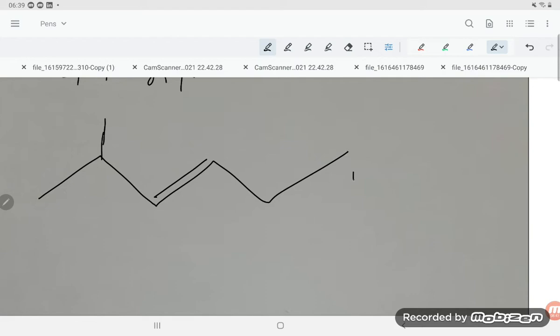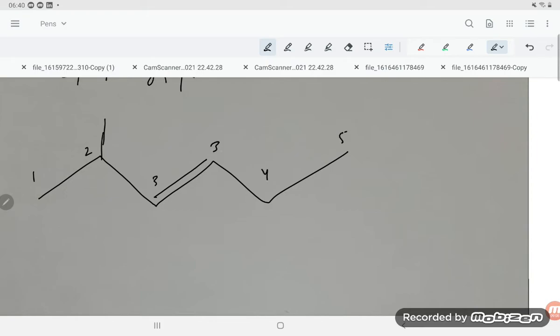From here 1 2 3, from there also 1 2 3, but here the prefix is coming and the double bond is also coming at the same position. So we have to start the numbering from the left, right, student? So I am erasing this, this is not correct.